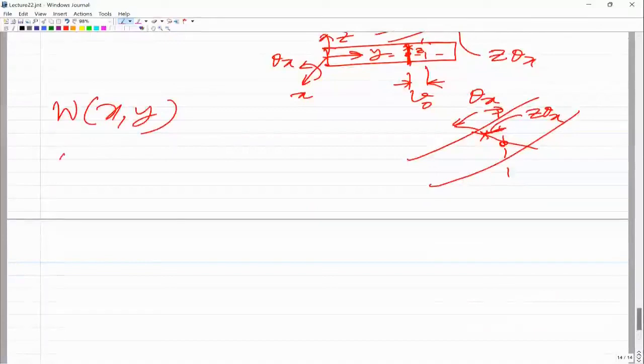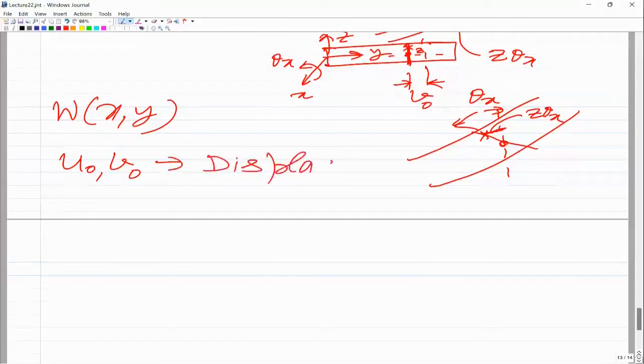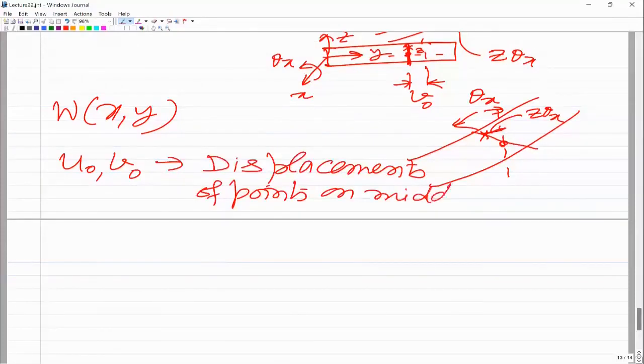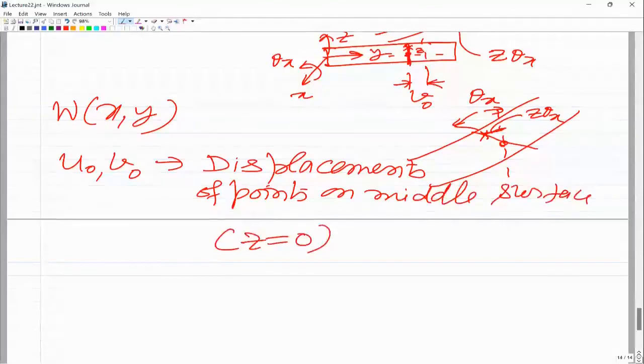So here I have used u naught, v naught, which are functions of x, y. I have explained them through the diagrams, but let me also write. Displacements of points on the middle surface, that is z equal to 0, along x and y.